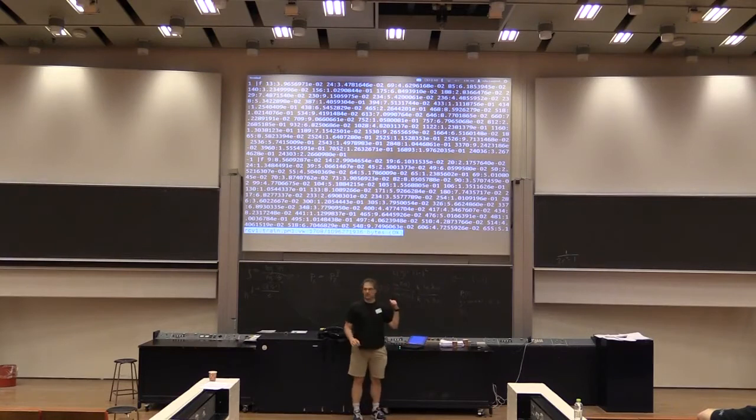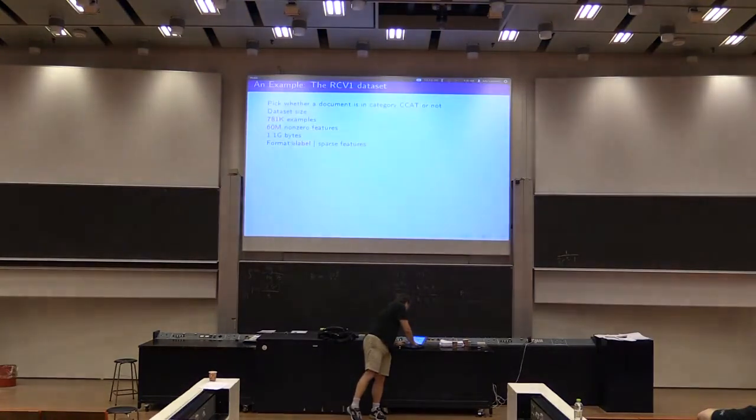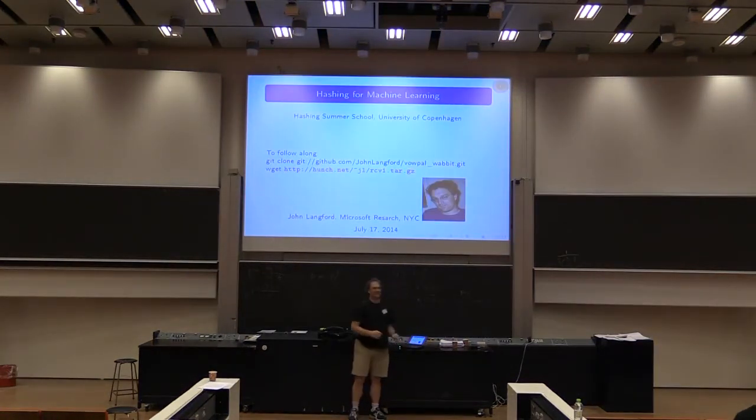So this is the data set. Okay, so what does it mean structure-wise? Yeah? The slides that you have online, they don't have the git links. That's right. Could you maybe show them again? Yeah. There's the git links.